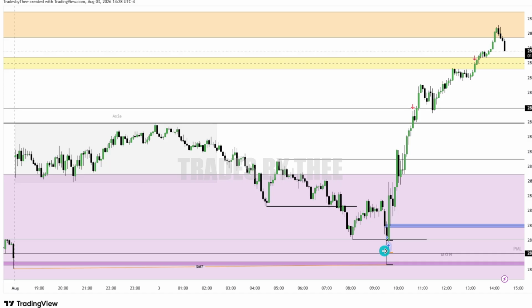Also note, there's a famous pattern that's called the 3-drive pattern. When we are anticipating a smart money reversal in a market maker model, framework or schematic, for price to form the swing low, or for the smart money reversal swing, we see a drive pattern.